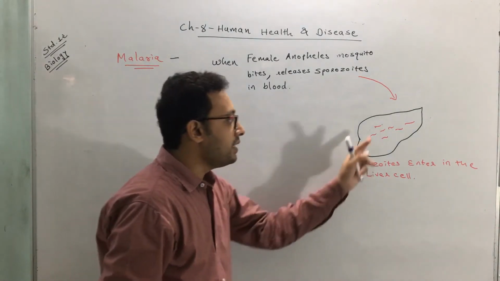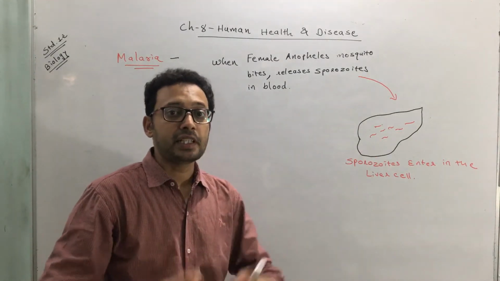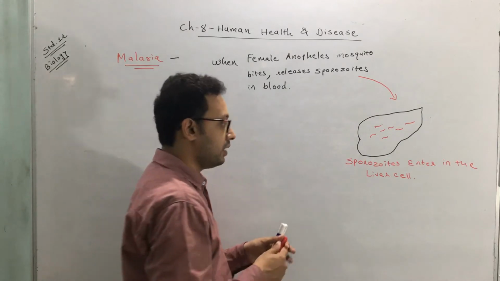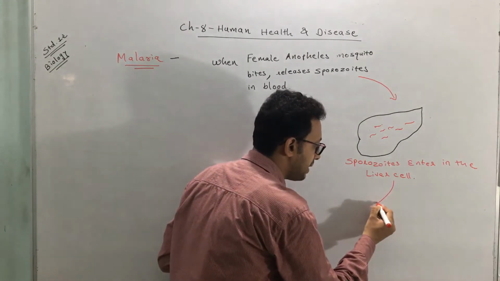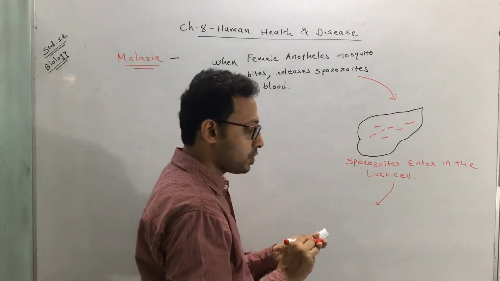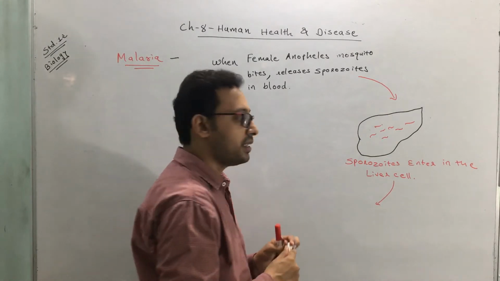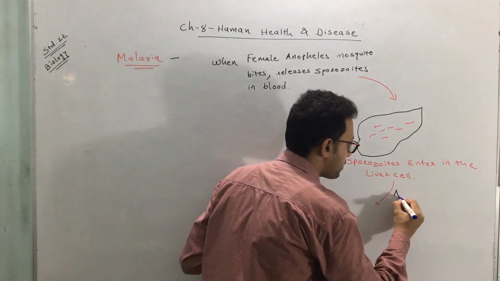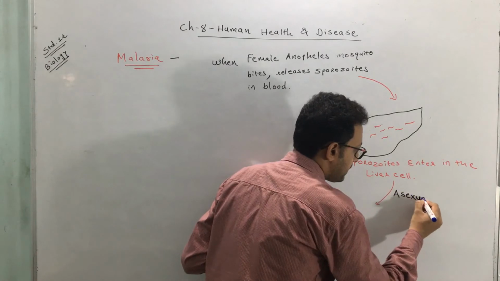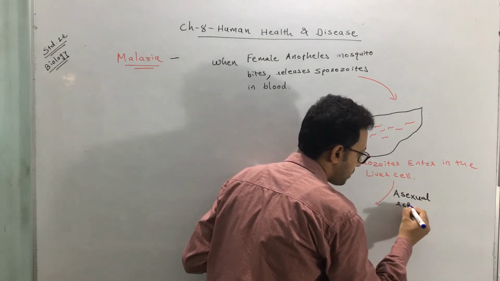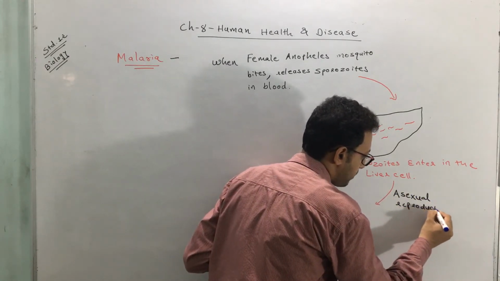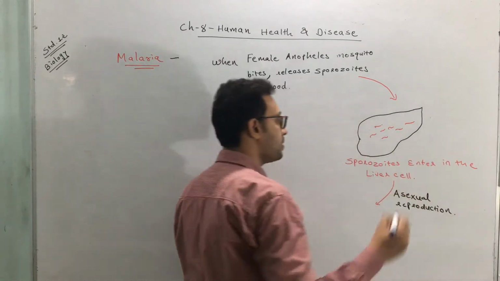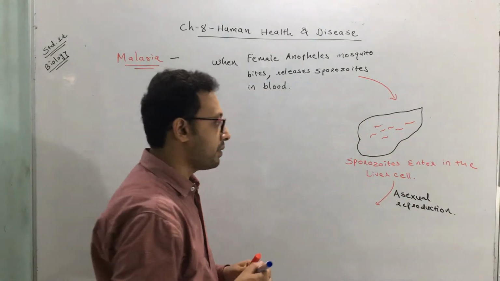Okay. Now in the liver cell, these sporozoites multiply rapidly. So they multiply, that means reproduction takes place. The type of reproduction that takes place here is asexual reproduction. Now what happens?